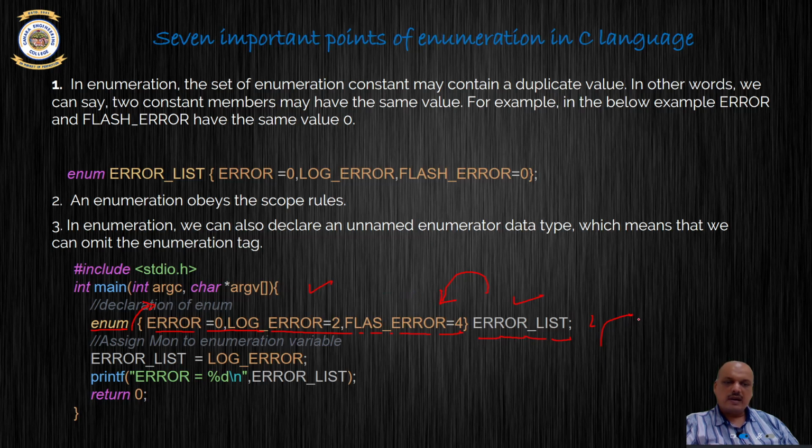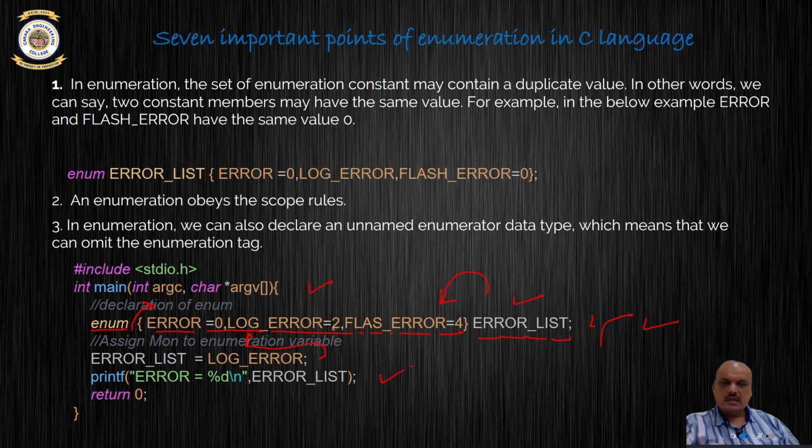So this is valid. And later in this piece of code, this particular variable or instance is assigned to one of the names or values in this enumerator list. In this particular case it is log error. Then if I print out this variable or instance, what gets printed out is the number associated with error list.